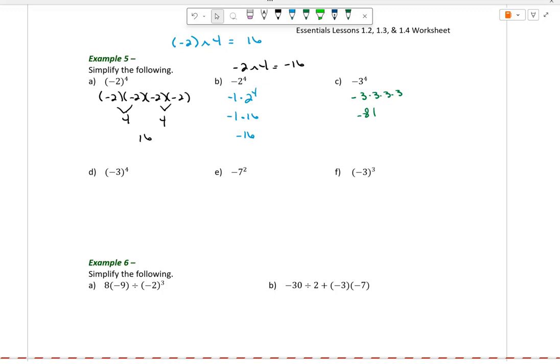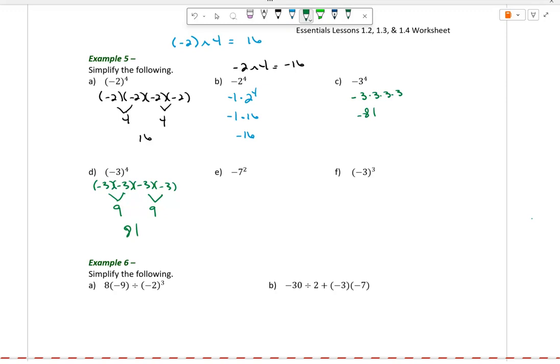Positive, because the negative's included in that power, and I have an even number. So just like A, it's negative 3, negative 3, negative 3, negative 3. Negative 3 times negative 3 is positive 9. So positive 9 times positive 9, positive 81.